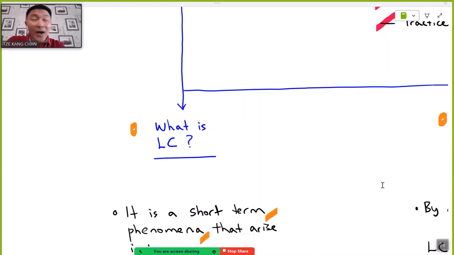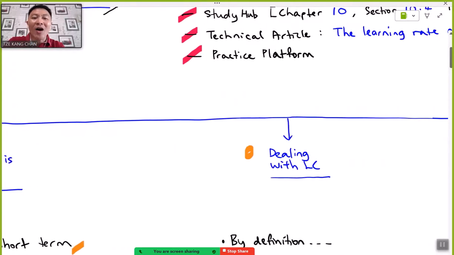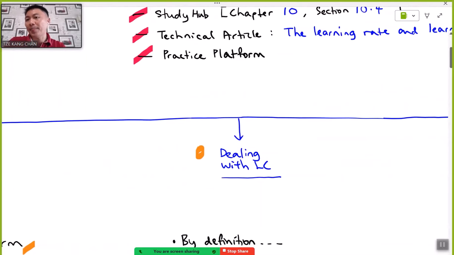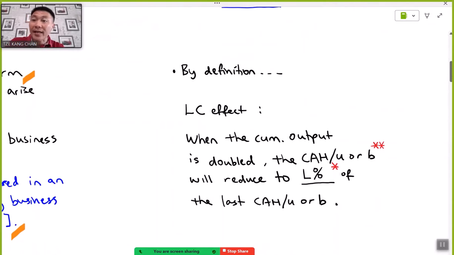Once we have got a rough idea what the learning curve effect is all about, let's take a look at how we are dealing with learning curve in a mathematical context. The most fundamental and important understanding in dealing with learning curve is to know the definition of what exactly learning curve effect is.